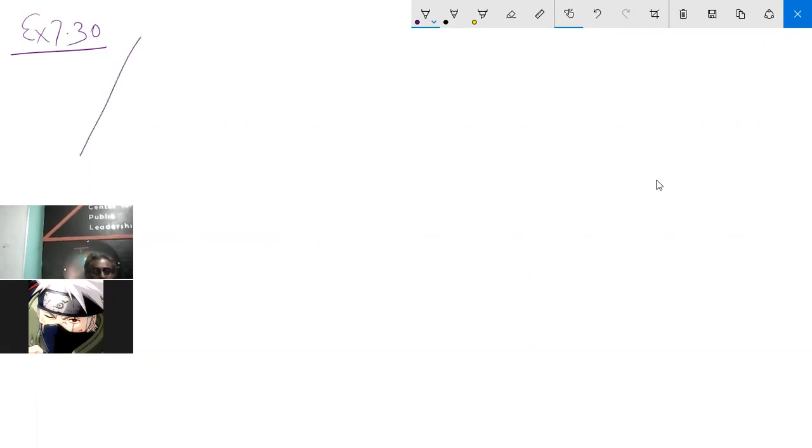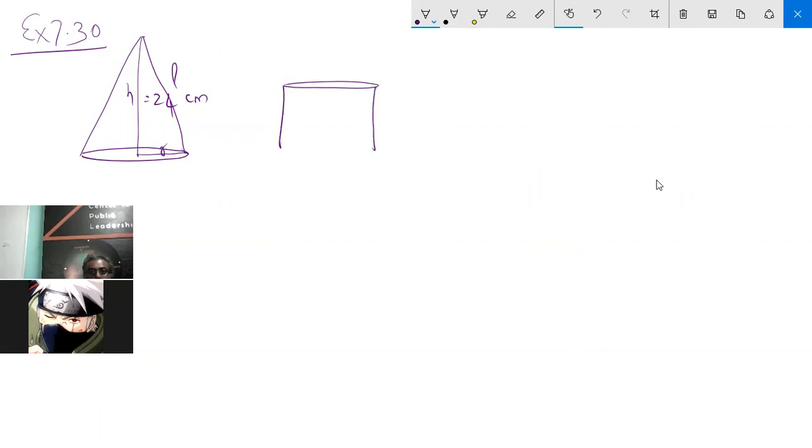Its height is 24 centimeter. A child reshapes it in the form of a cylinder of the same radius as the cone. It's made into a cylinder. The radius is the same; this R is equal to this R.